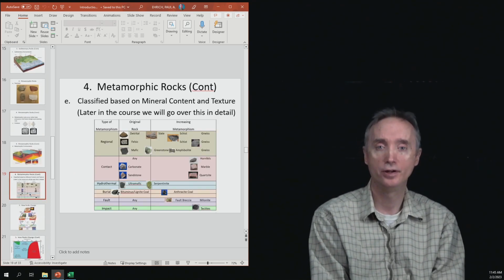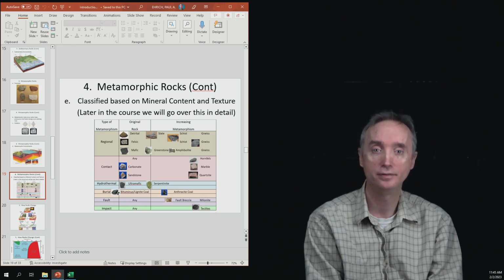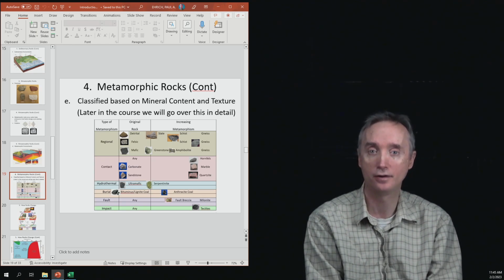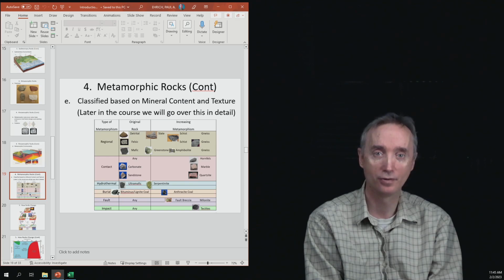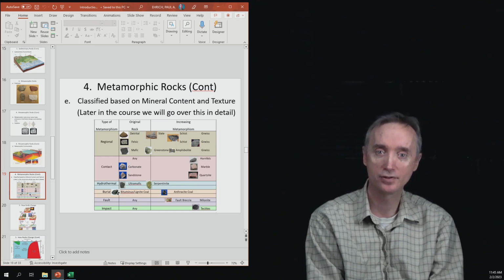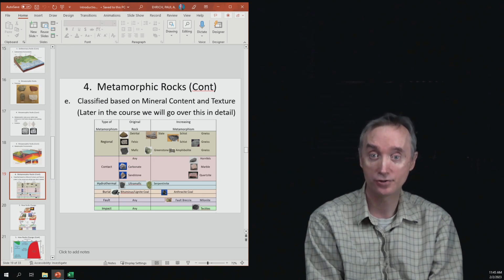So how are we going to classify the different kinds of metamorphic rocks? Well, it's the same thing, mineral content and texture. The texture was that foliation thing.